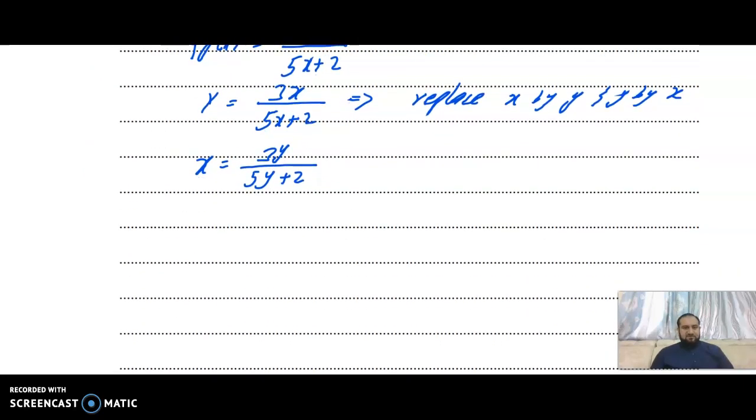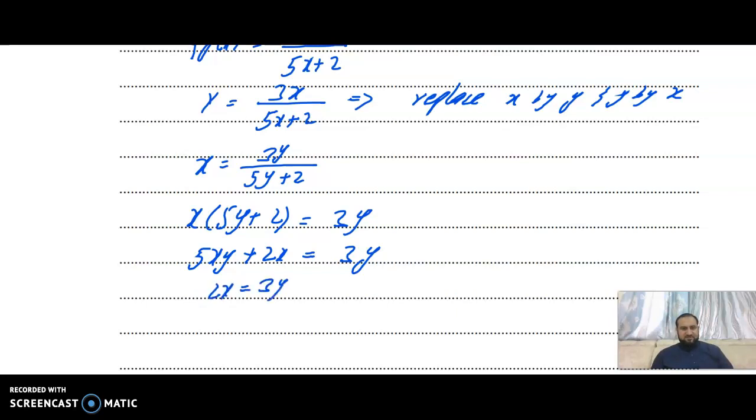Now from here we have to rearrange and make y the subject. So this will be 5xy plus 2x is equal to 3y. We need to bring the xy terms on one side, and 2x can be on the same side, so 3y minus 5xy.